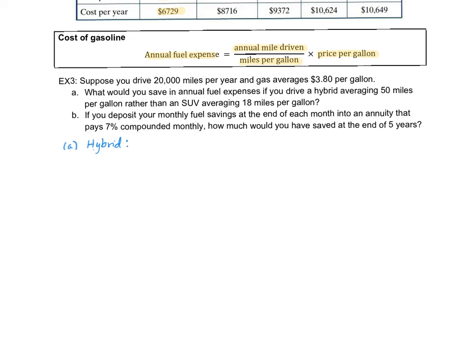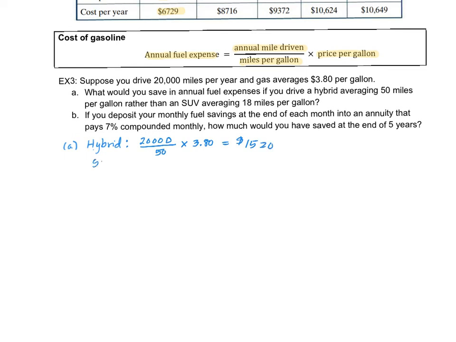With the hybrid, it's going to be the annual miles driven, which we were given as 20,000, divided by the miles per gallon, which we were told is 50. Then we multiply that by the price per gallon, which is $3.80. That should be 1520.